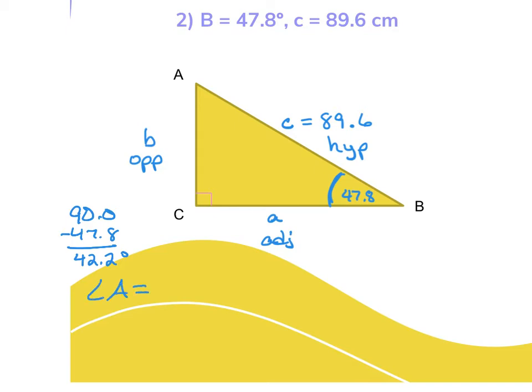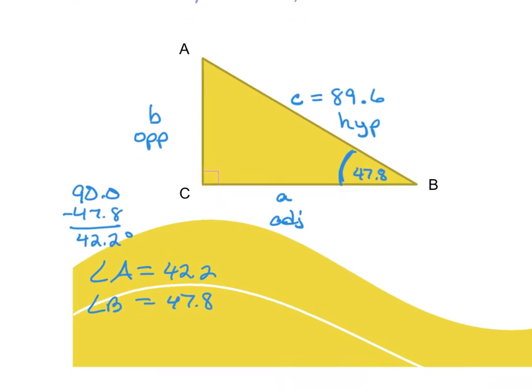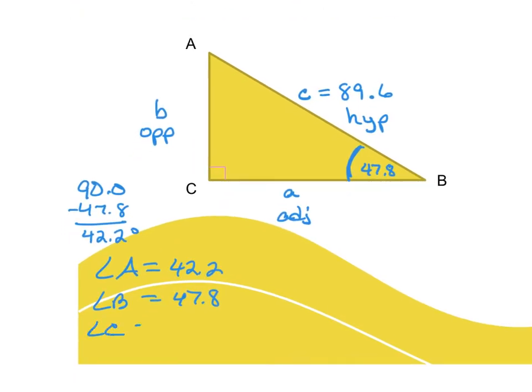So angle A, 42.2, angle B, 47.8, and then angle C is the right angle. Little a, I don't know. Little b, I don't know, but I do know the hypotenuse.